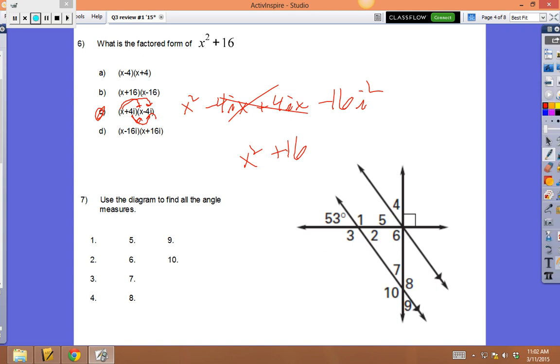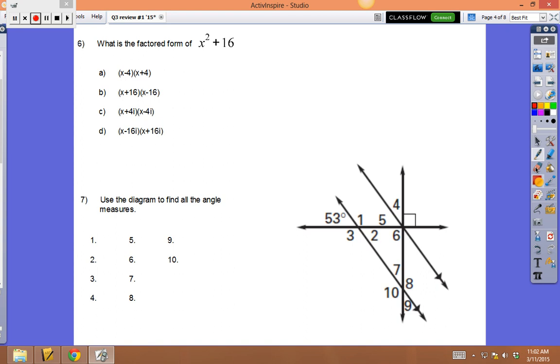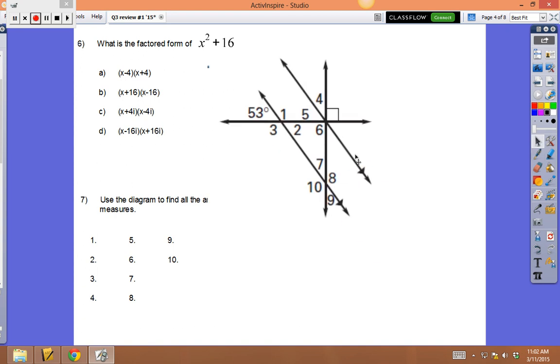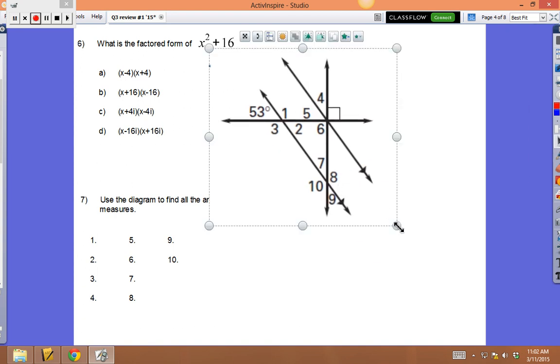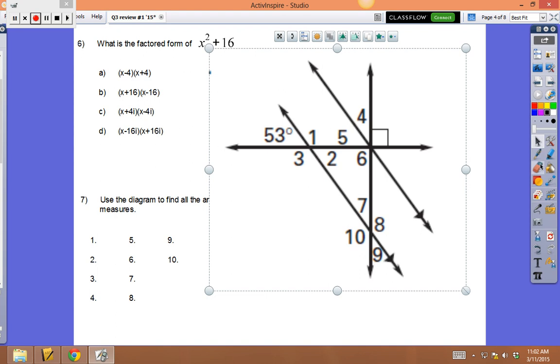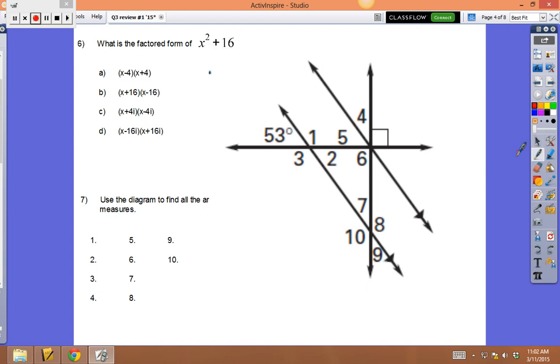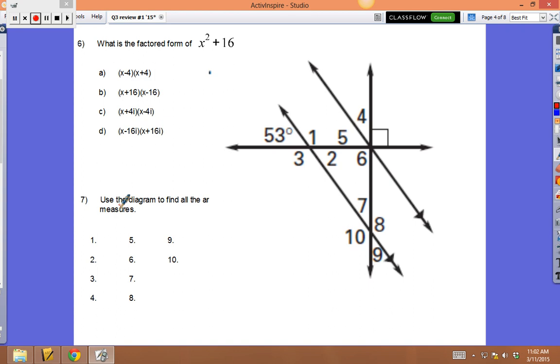Okay, number 7. Here we go. It's easier if you blow it up and make it big. So number 1, 53 and 1 are on a straight line, so they had to give you 180. So if I do 180 minus 53, 1 is 127, and 1 and 3 are the same.